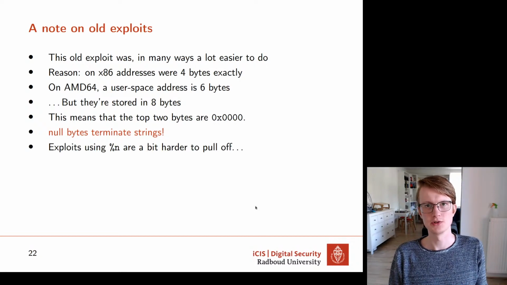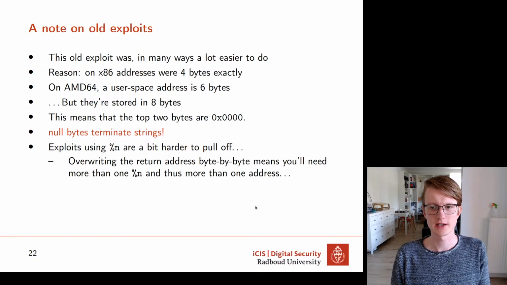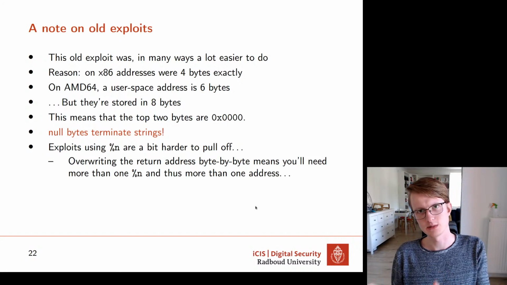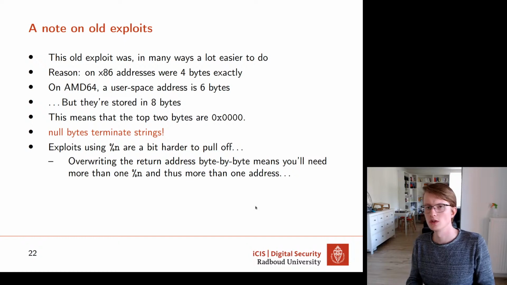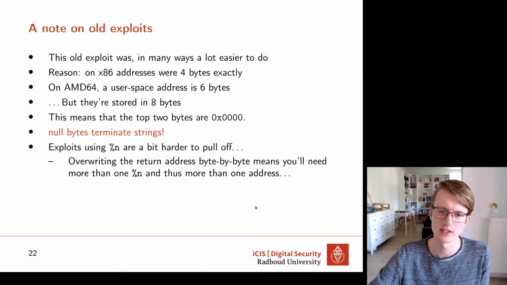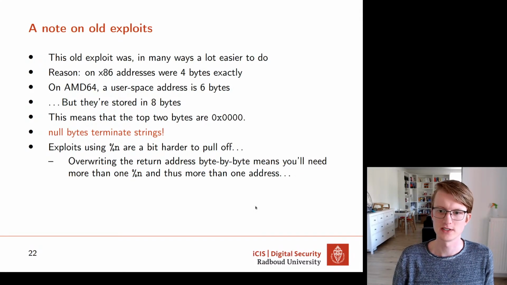So exploits using these %n things or reading more than one thing with %s are a lot harder to pull off, because if you want to overwrite the return address, you need to do that byte by byte. So you need to do 6 writes, or if you're doing it per 2 bytes, then you'll need 3 write operations, and addresses for more than one.